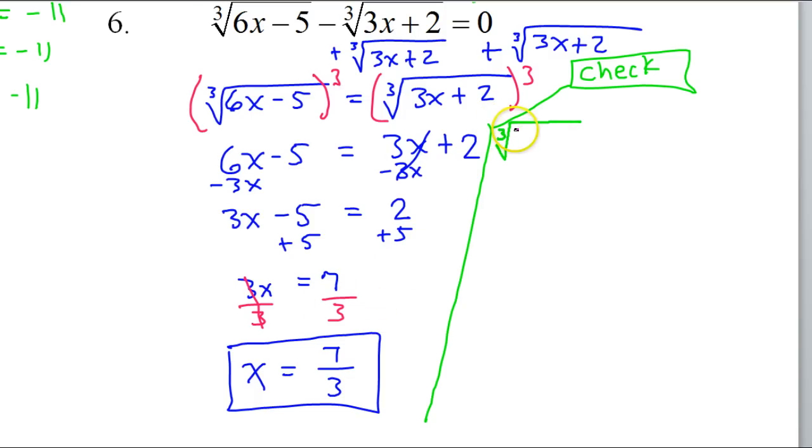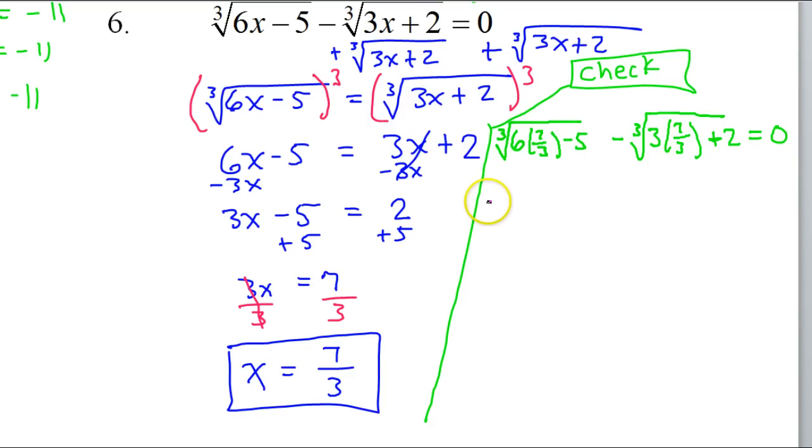Alright, so we have, let's see, 6 times 7 over 3 minus 5. Okay, minus the cube root of 3 times 7 over 3 plus 2. And that's supposed to equal 0.